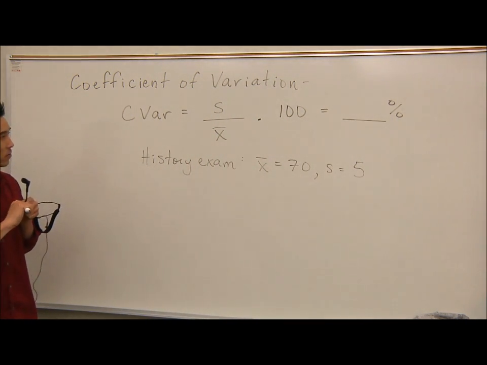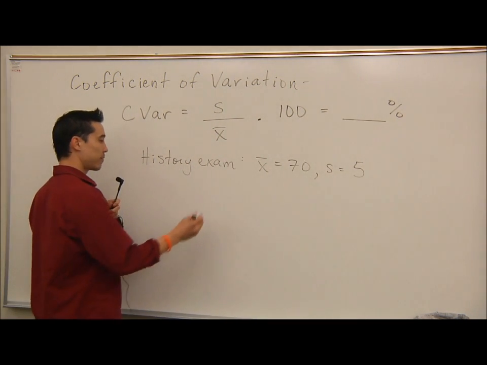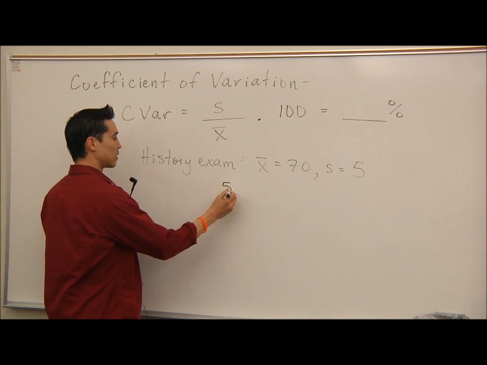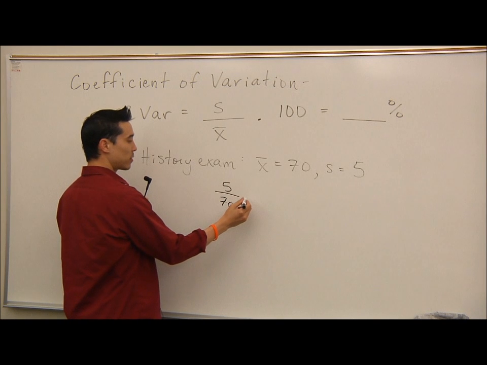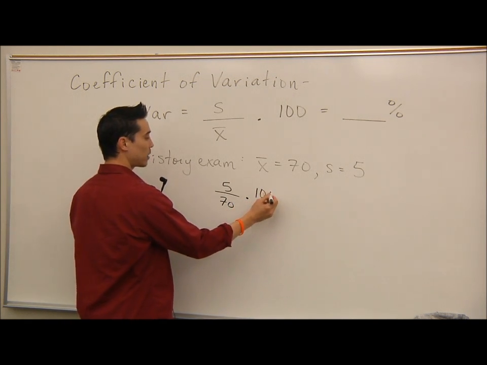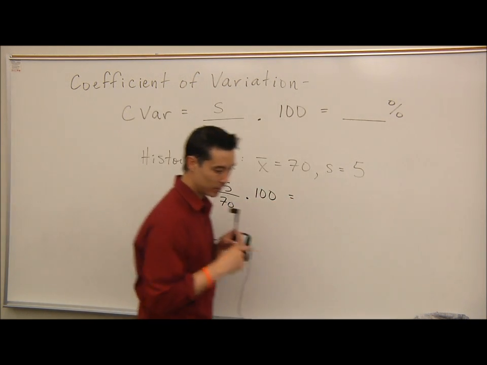So just following this formula, you're going to have 5 divided by X bar, which is 70. Put that in your calculator, multiply that by 100, and see what you get.